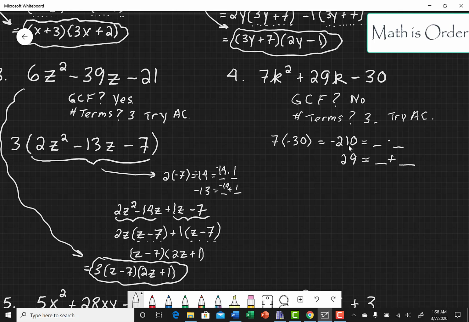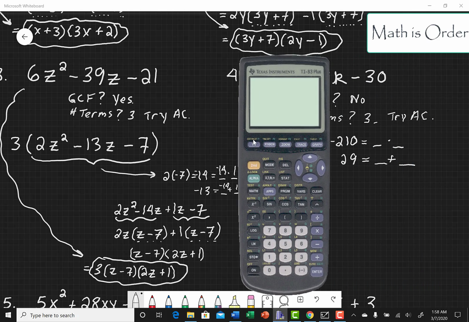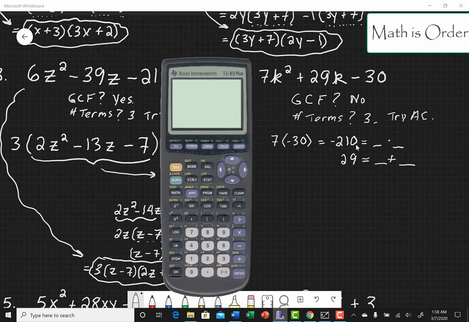Now this may take a while to figure out how to come up with these numbers if there are any two numbers. So what we can do is bring up our handy calculator, and there's a quick way to determine the factorization.